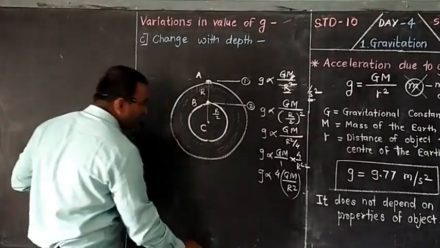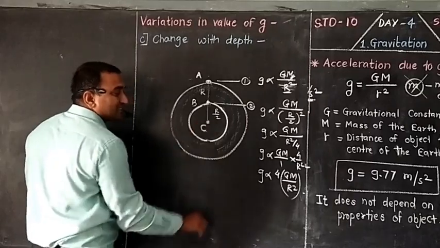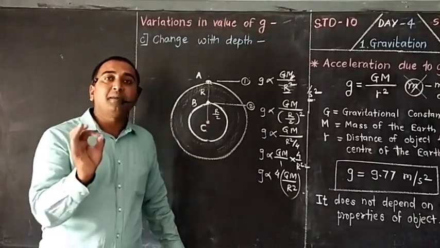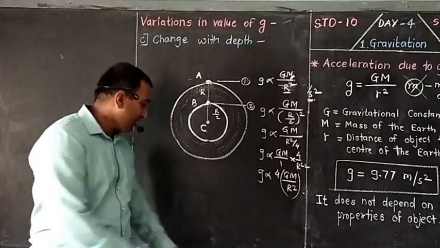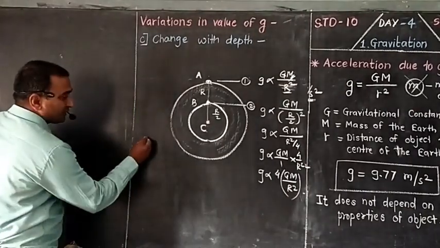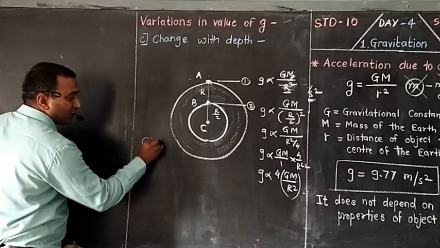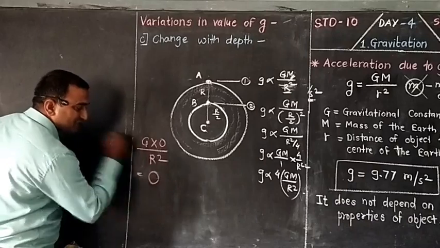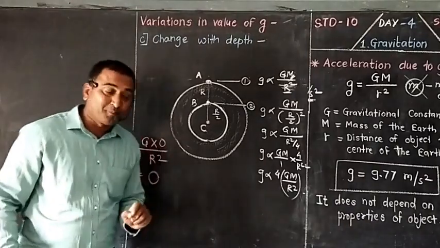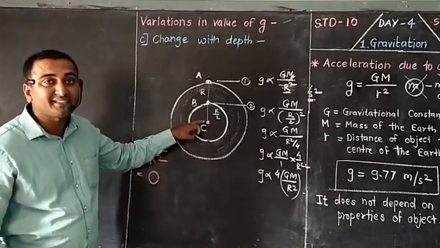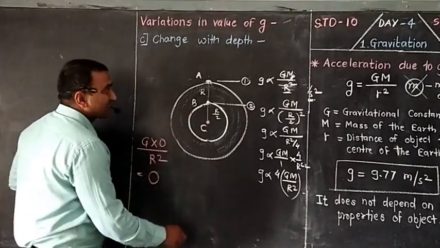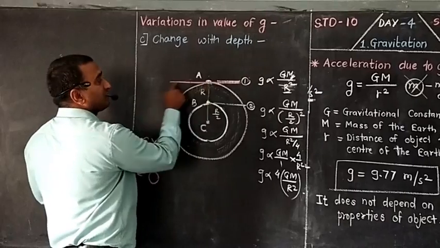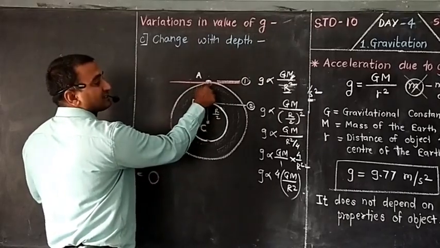See here, why? Because when you reach the center of Earth, the mass considered is 0. And when the mass is 0, that means G into 0 divided by r square, and this value we are getting as 0, or not. And so, acceleration due to gravity at the center is 0. So where is the climax? See here. The highest acceleration due to gravity is at the surface.